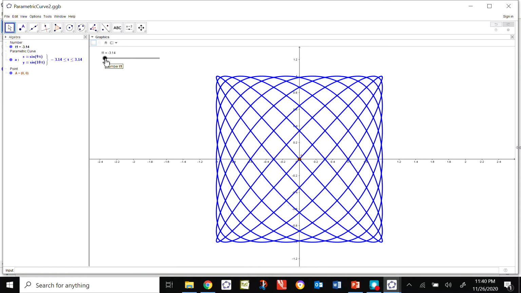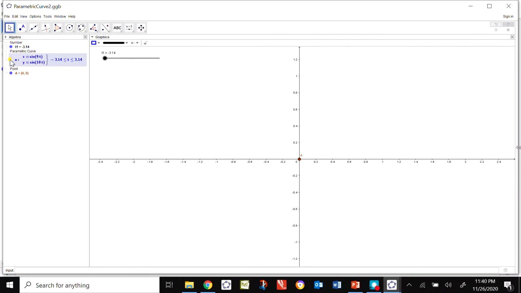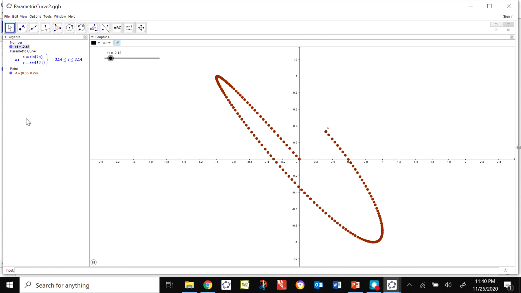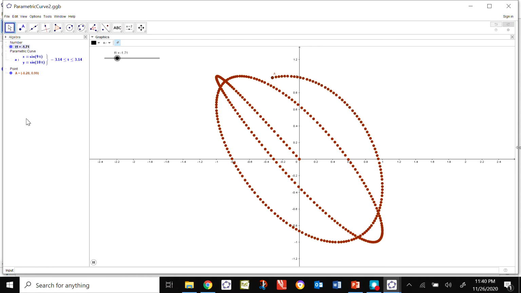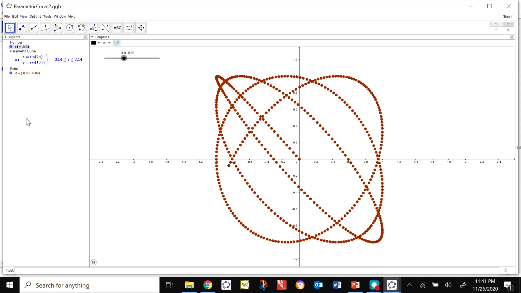You can do animation. And let me turn the visibility off and produce a point. See this? So that's basically figuring out the different values of this parameter t and plotting those points.